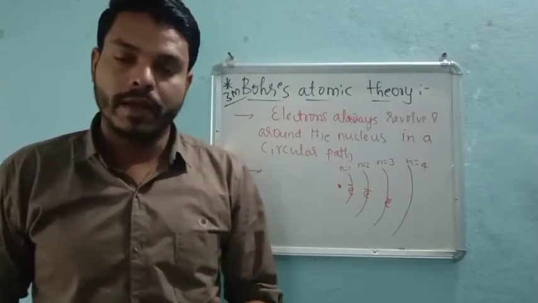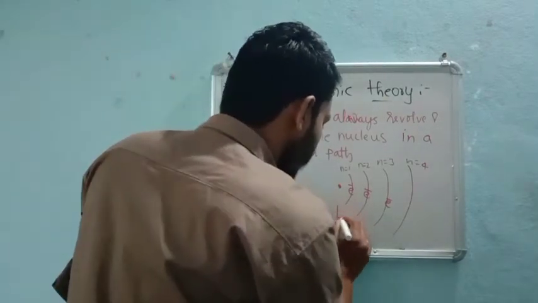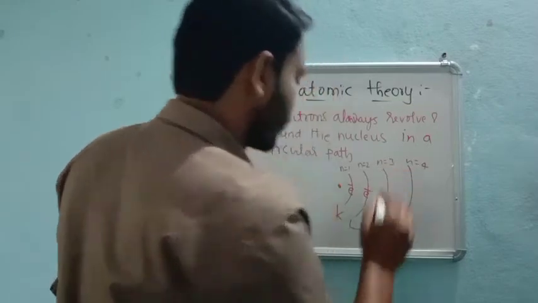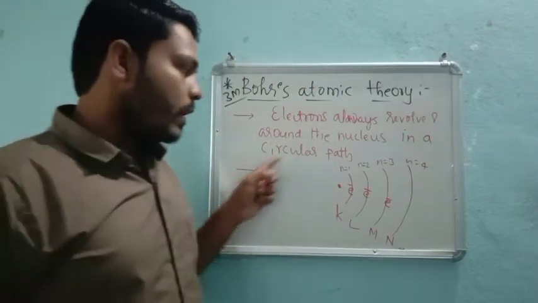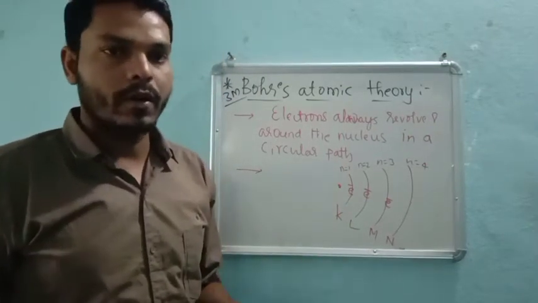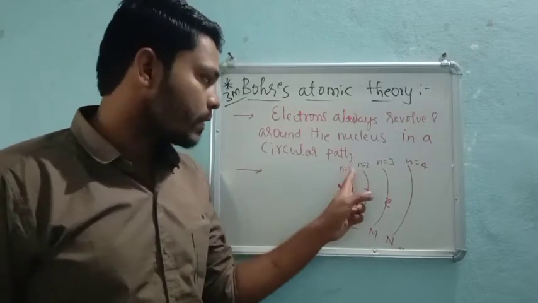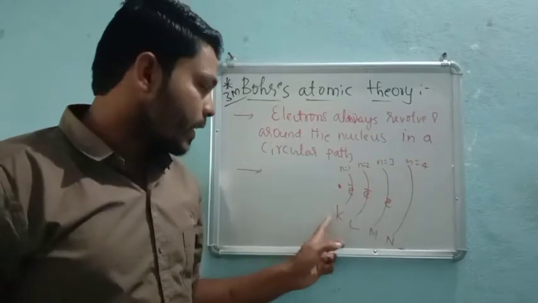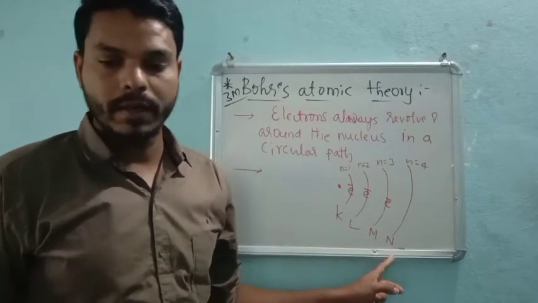With numbers, and with letters, these energy levels can be called K, L, M, and N. That means the second point was what? Each and every orbit has different energy, that is called energy levels, and these energy levels are represented with numbers 1, 2, 3, 4, and with letters K, L, M, and N, right?